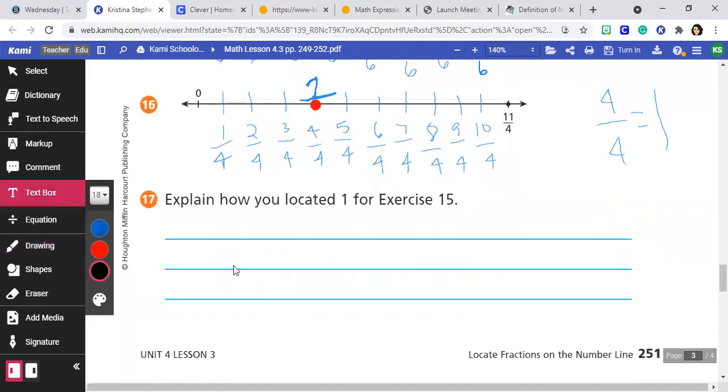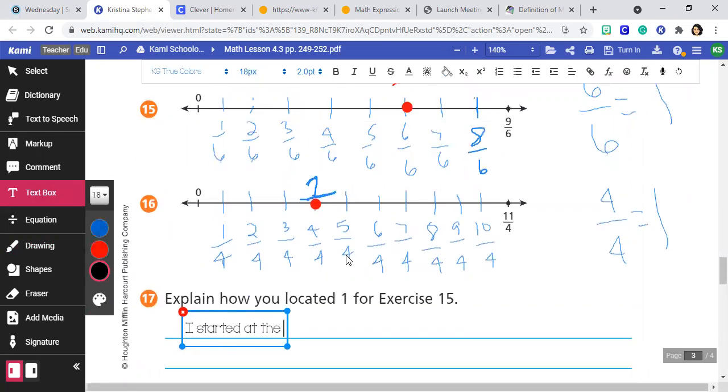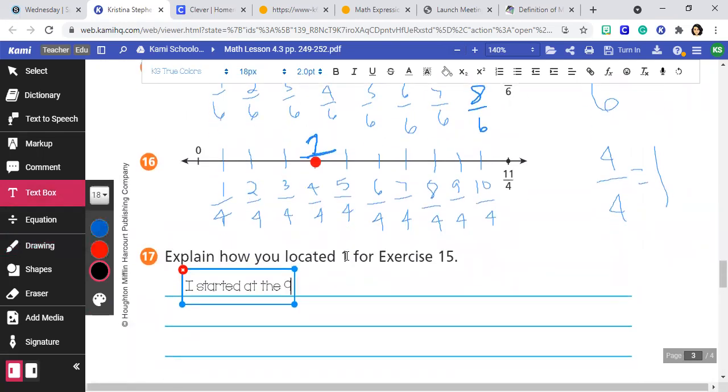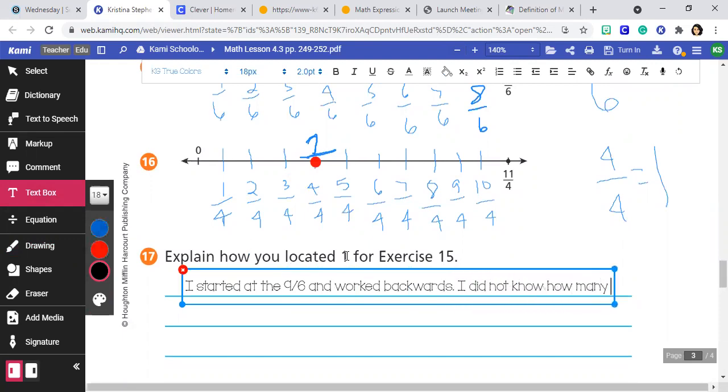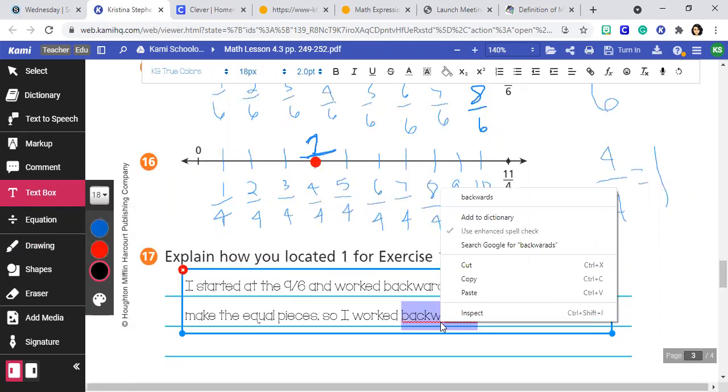Let me type that in there for you. Oh, what did I spell wrong?